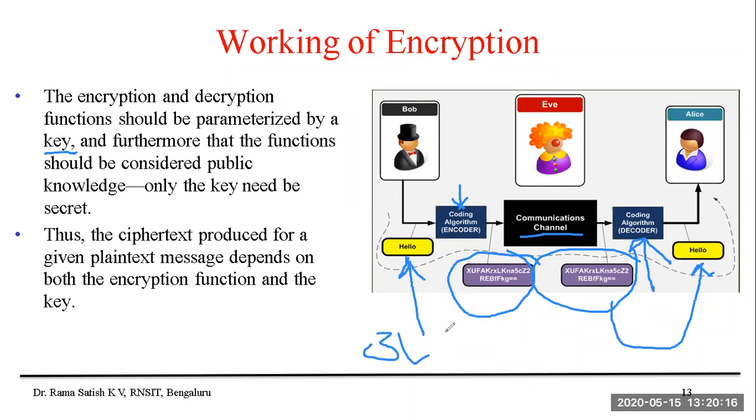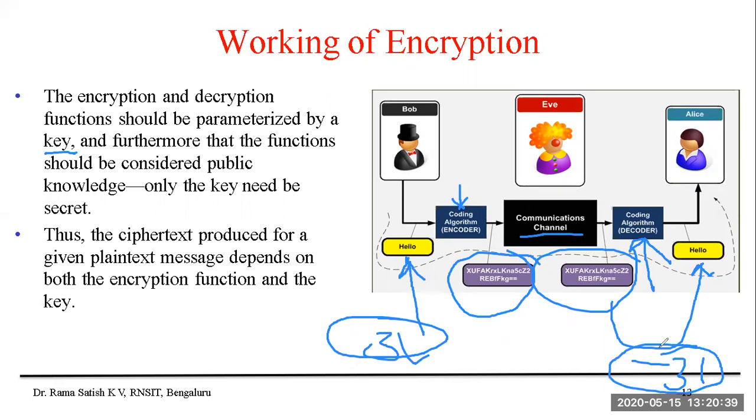Somebody who wants to decrypt it at the receiving side has to subtract 31. 31 is the secret key. If you don't have this secret key, certainly they cannot decrypt. You'll never get it back.